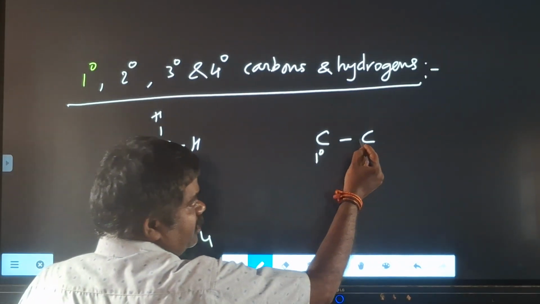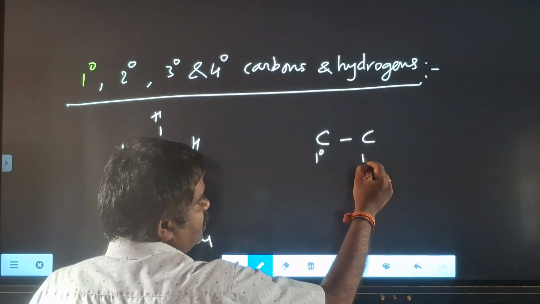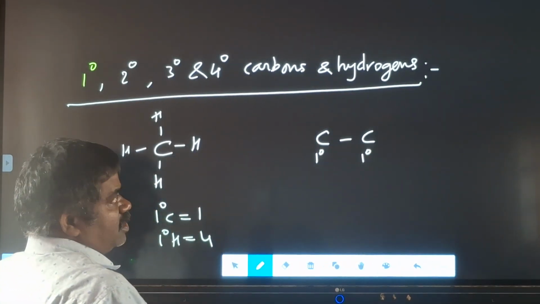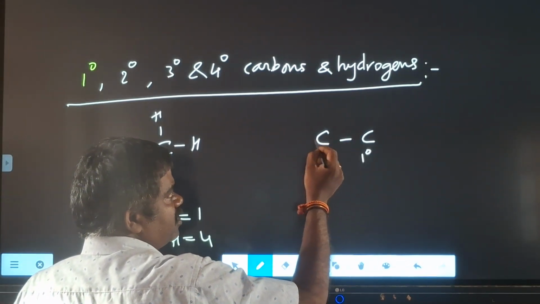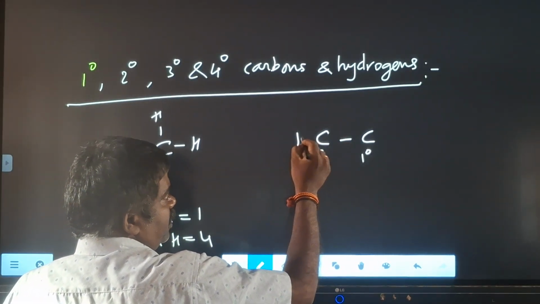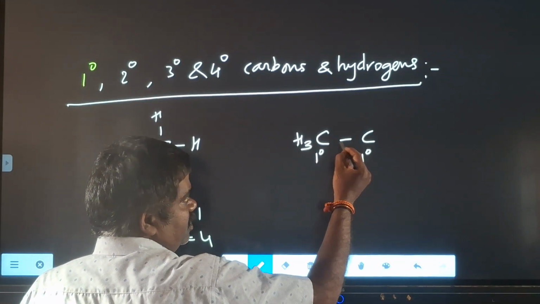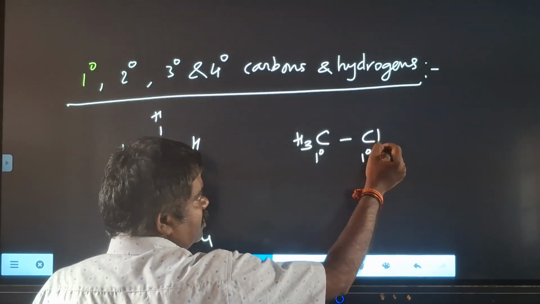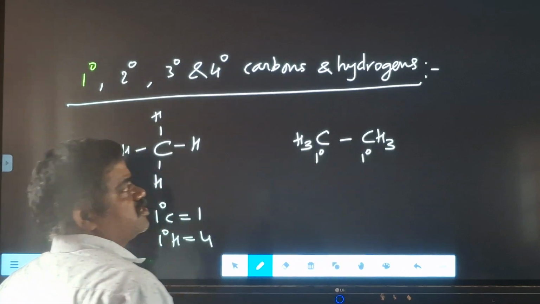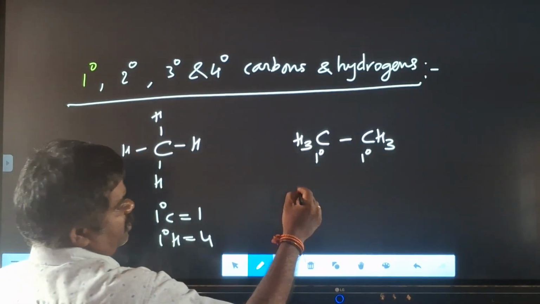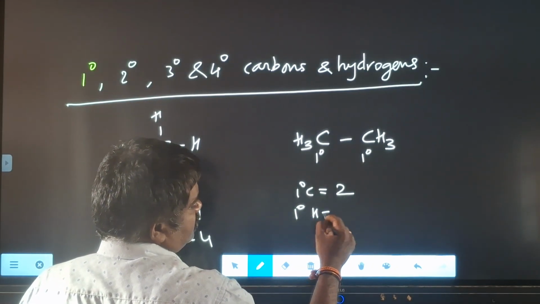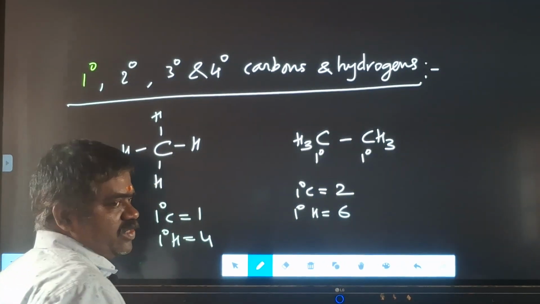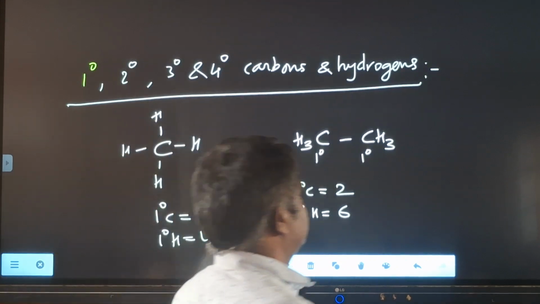And this one is also directly attached with one carbon, so it is primary carbon. Now the hydrogens attached to primary carbon: it is a single bond and valency 4, so it is CH3. Remaining valency 3, and total 4 bonds, so CH3. Here primary carbons 2 and primary hydrogens 6.